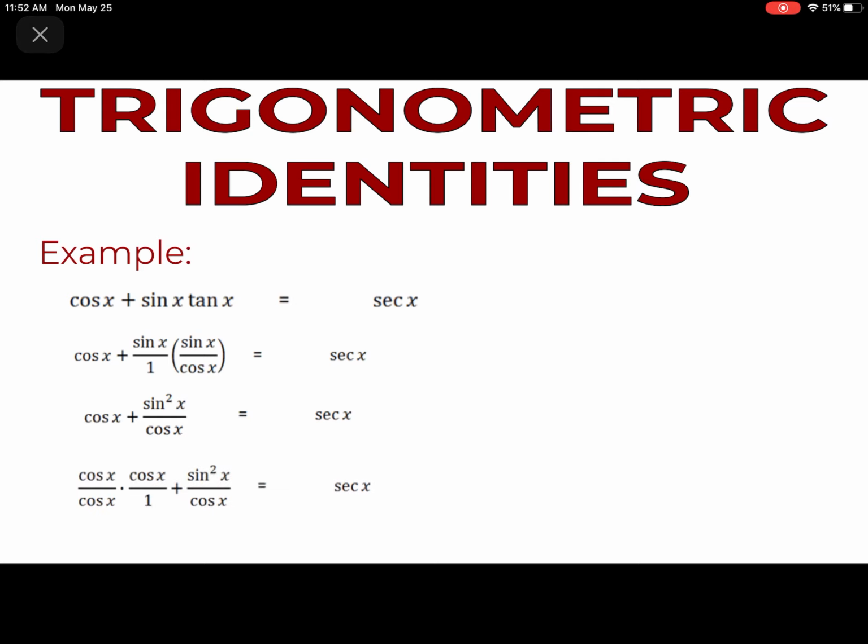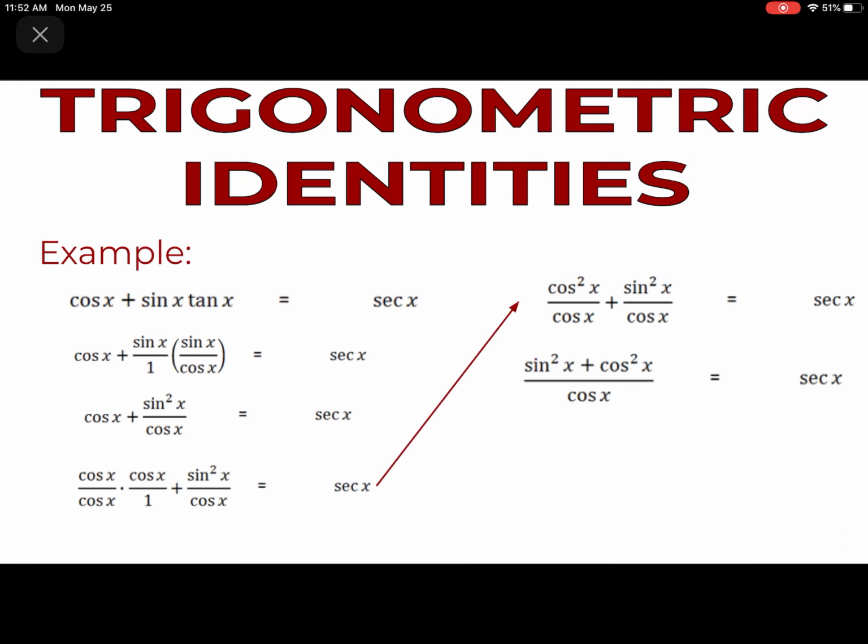Now I can multiply my first term, cosine of x, times cosine of x over cosine of x. That changes it all to cosine squared x over cosine x plus sine squared x over cosine x. Now I combine that as one fraction: sine squared of x plus cosine squared of x over cosine of x, still equals secant of x.